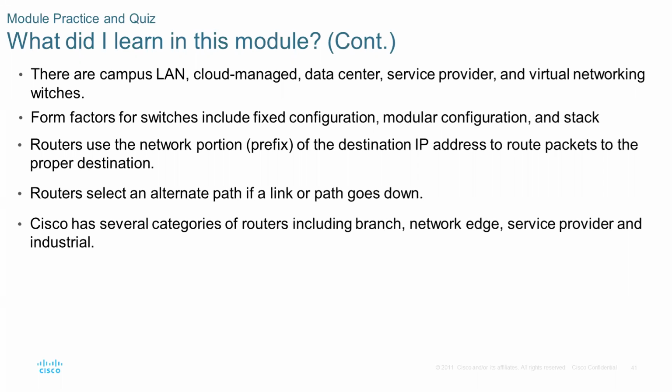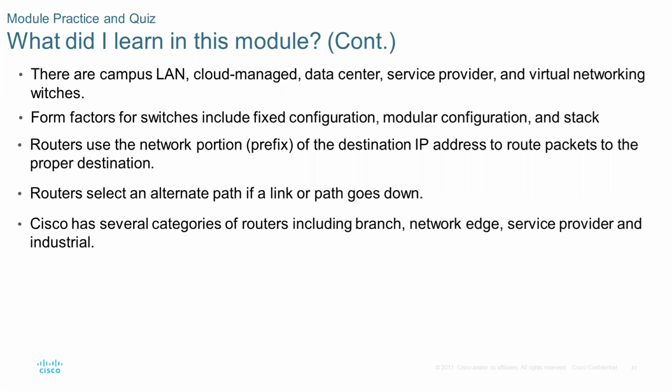So we looked at the various switch hardware solutions, and then we moved on to looking at the various router solutions, and these routers were categorized into branch, network edge, service provider, and industrial solutions to provide an appropriate degree of A, the form factors, and B, the capabilities.